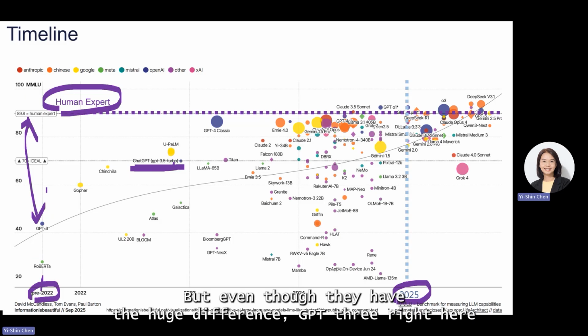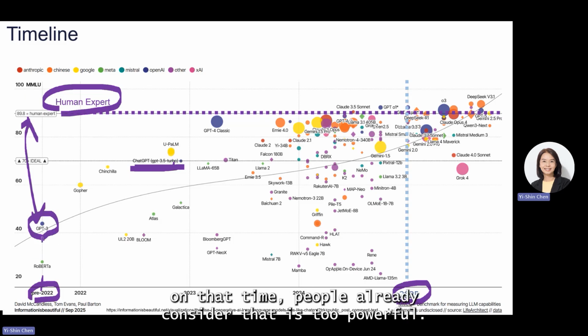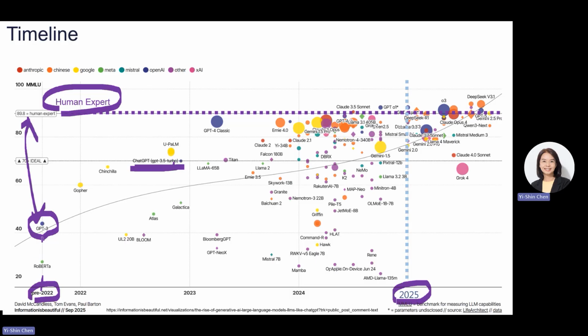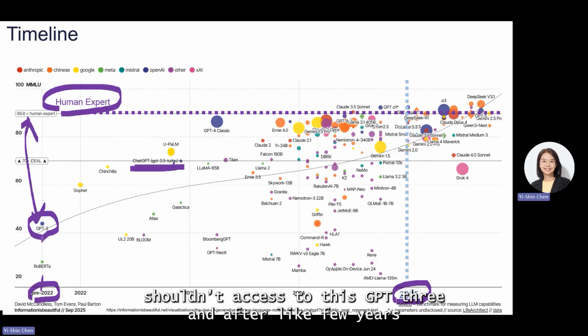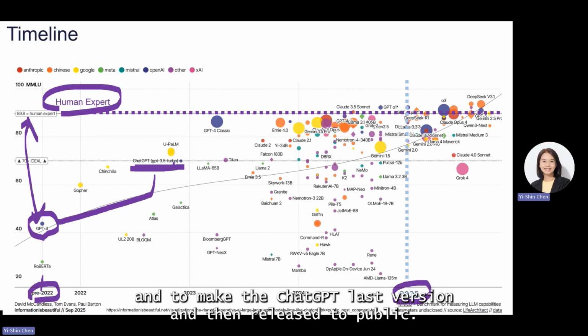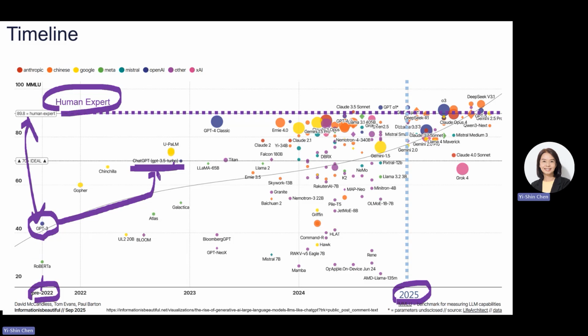But even so, with GPT-3 around that time, people already considered it too powerful and dangerous, so that no untrusted human being should have access to GPT-3. And after a few years, you can see people worked very hard to make ChatGPT less threatening and then released it to the public.